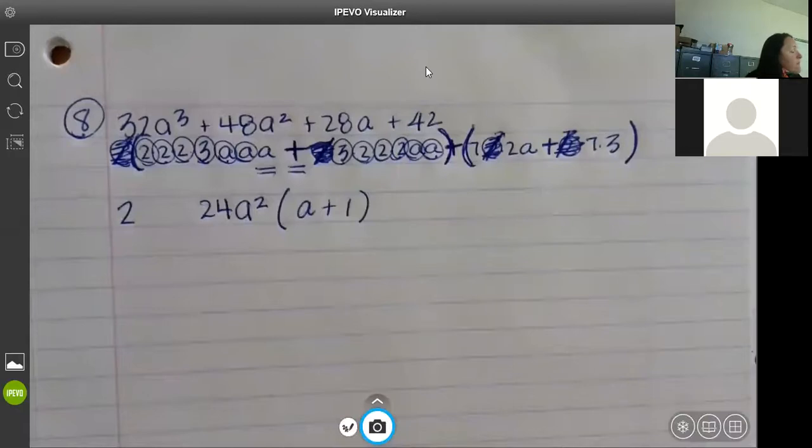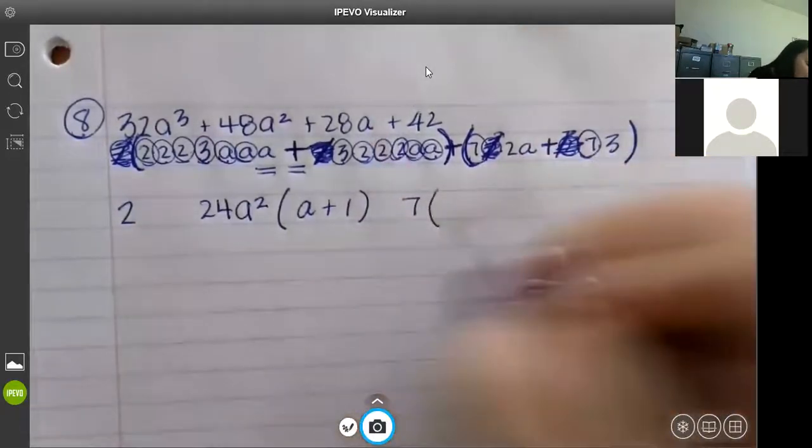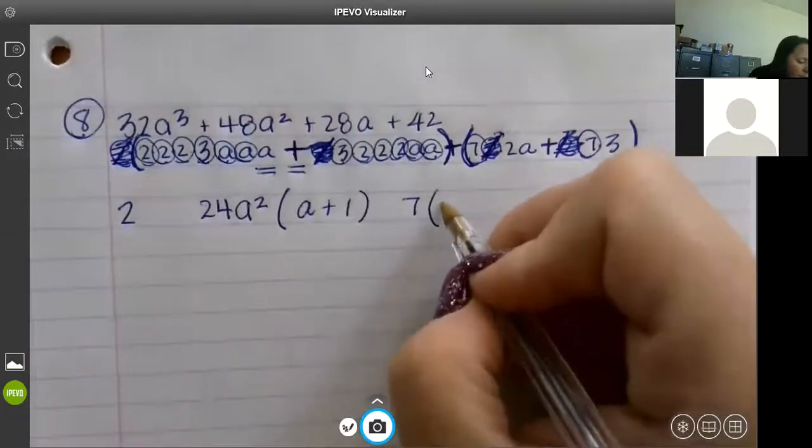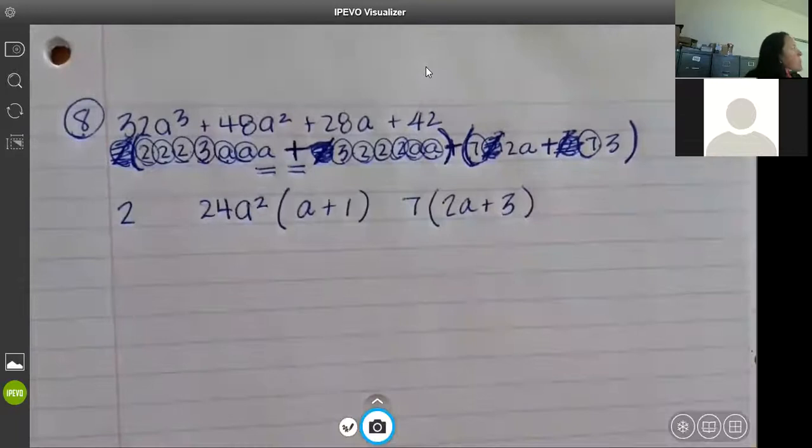You good? What's in common in these two? Just a 7. Well, when I pull out that 7, what does it leave me with? Are those parentheses the same? No. So if those parentheses aren't the same, there is no grouping.